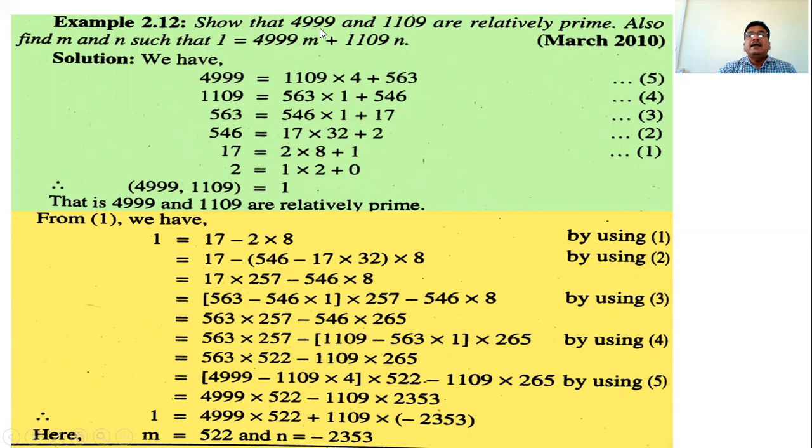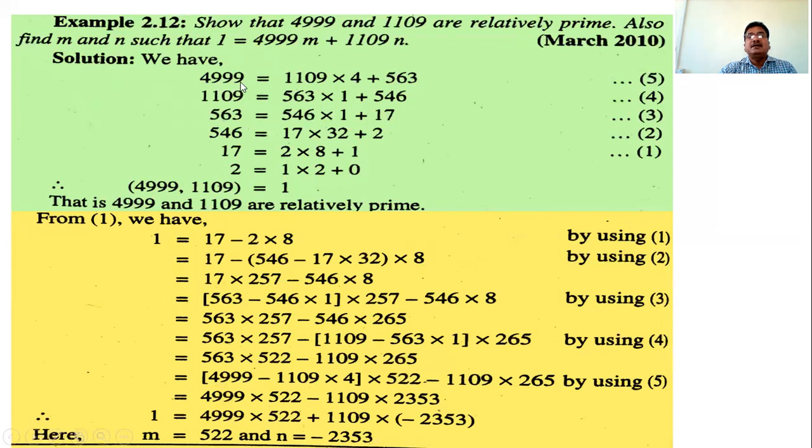So divide the larger number by the smaller number. 4999 divided by 1109, using a calculator, gives 4 point something. So 4 is the quotient. Then 4999 minus 1109 into 4. If we do this calculation on the calculator, we have the answer 563.